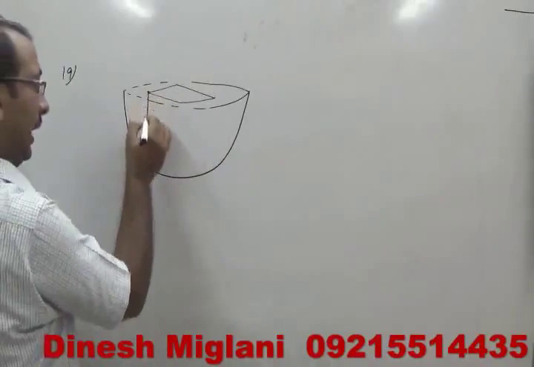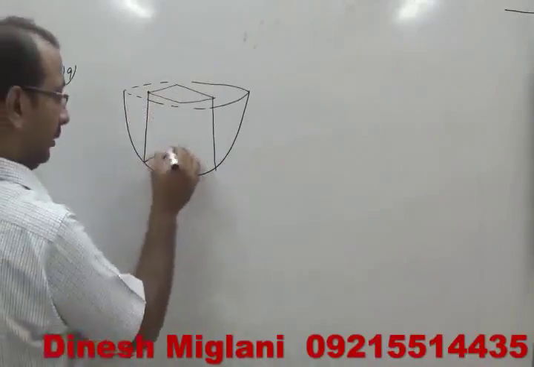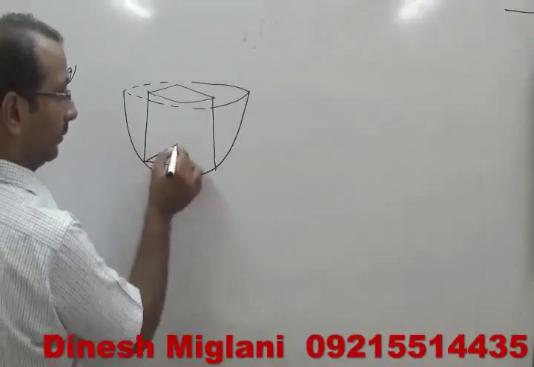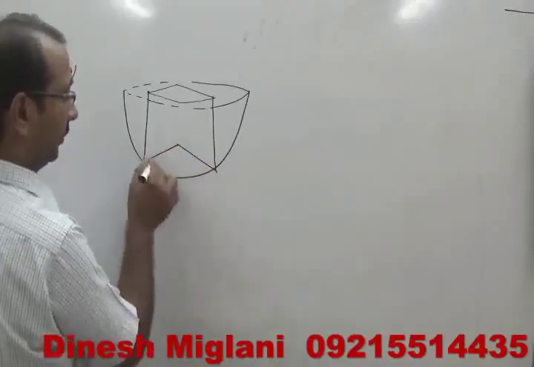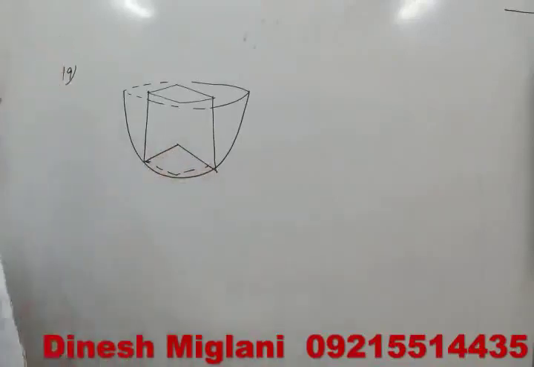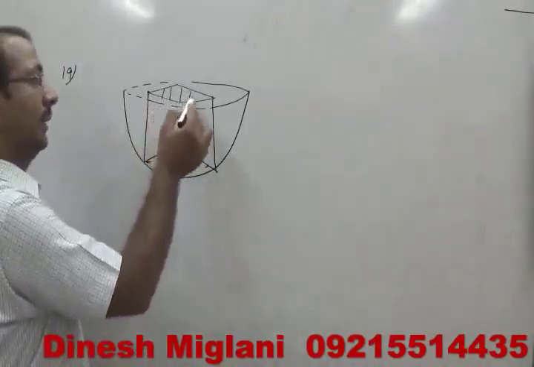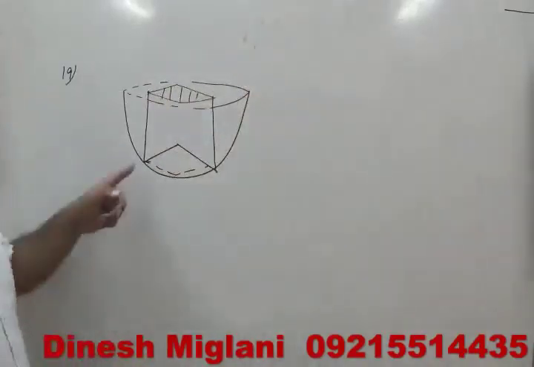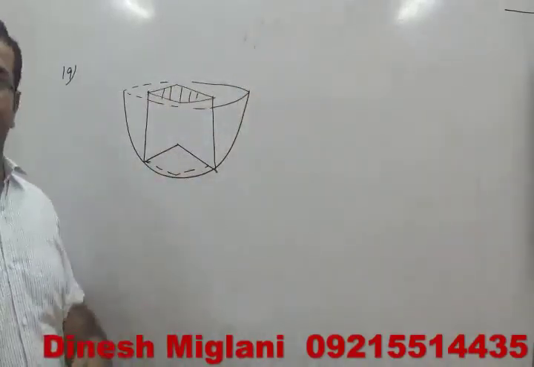Because that portion will touch somewhere inside it. Now, that is a cube in a hemisphere where one face of the cube would be at this base, right? And here the 4 pointers will touch at the perimeter.